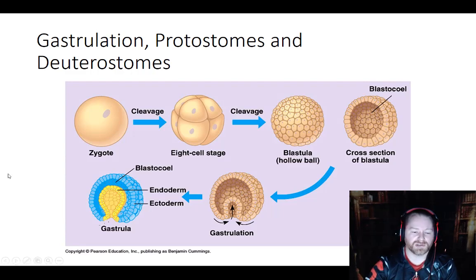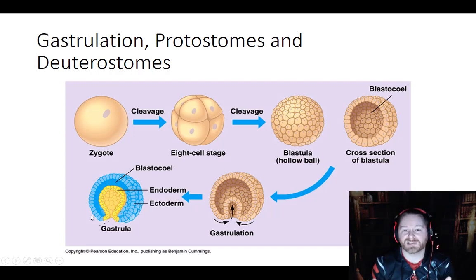During this process, you are differentiating the cells by creating cells that are now on the outside, cells that make up the tube that goes through the inside, and sometimes you'll have cells that are in between. So you have ectoderm, endoderm, and mesoderm.